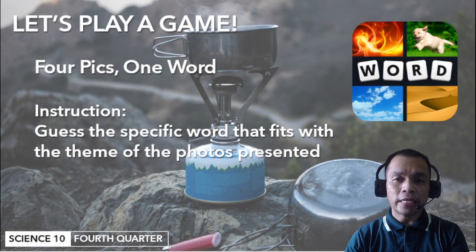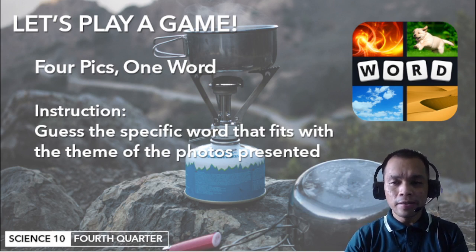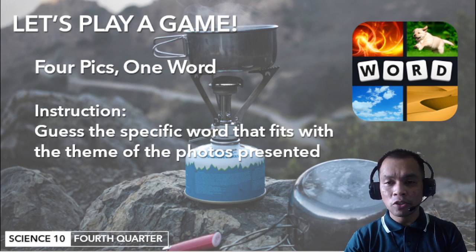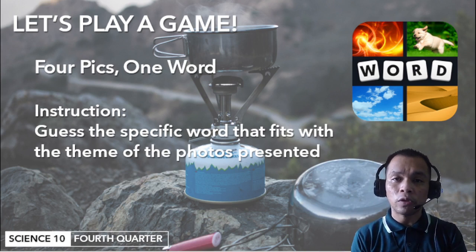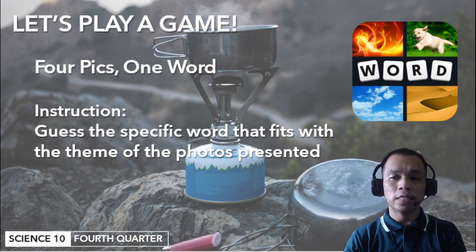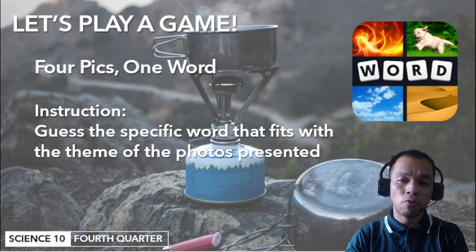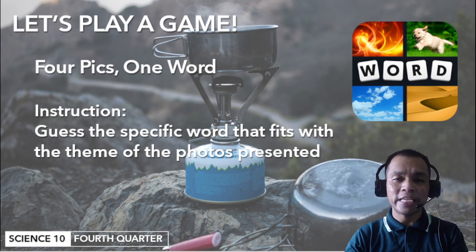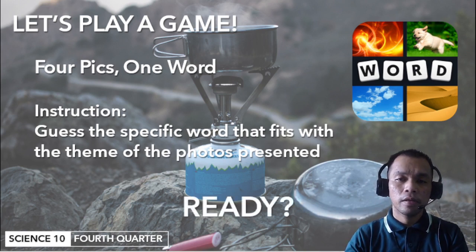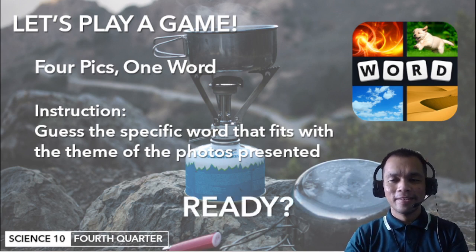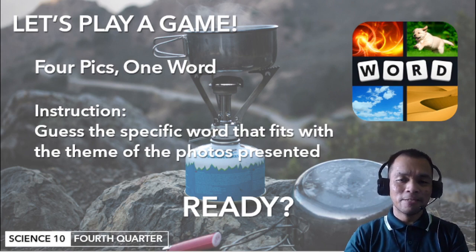Then you will try to guess what the pictures are pointing to, or what the theme is. Just a hint: all of the pictures are pointing to different concepts that we will discuss this afternoon, and some of them were actually presented in the video earlier. Okay, let's proceed. Are you all ready? If you're ready, then let's begin. Let's go with the first word.